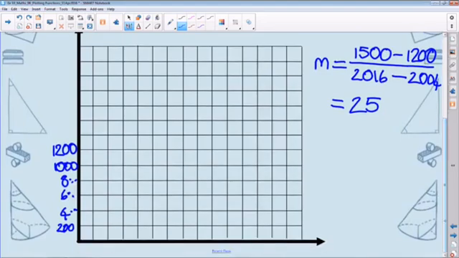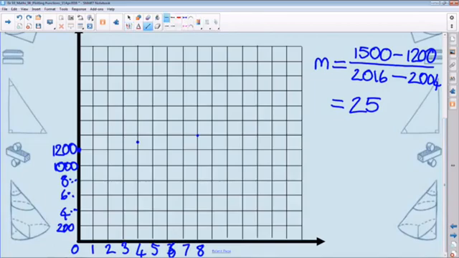Then on our x-axis we have 0, then we have 1 year, 2 years, 3 years, 4, 5, 6, 7, 8, and so on and so forth. So we're starting at year 0 where we have 1,200, and 4 years later we go up by 100 students, and 4 years after that we go up by another 100 students.